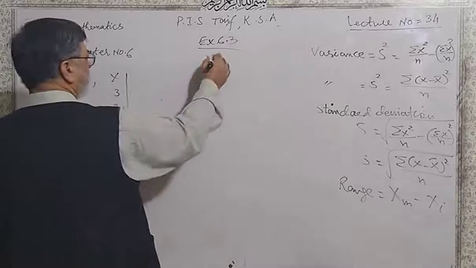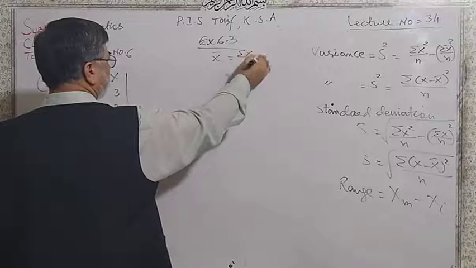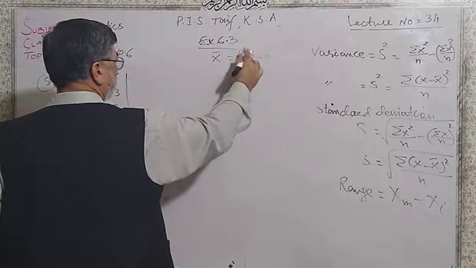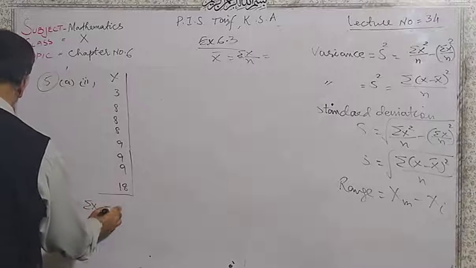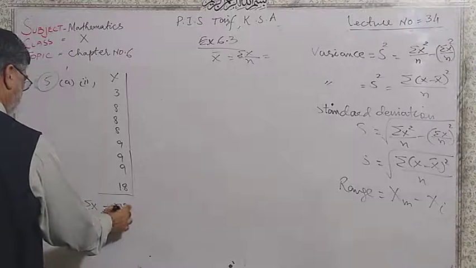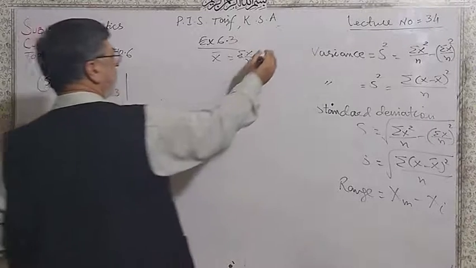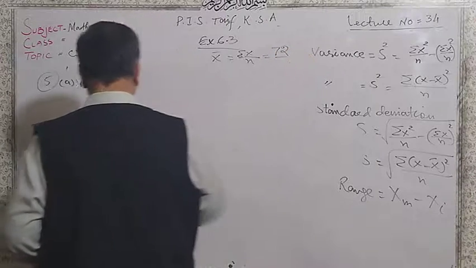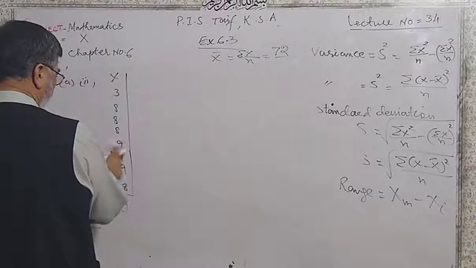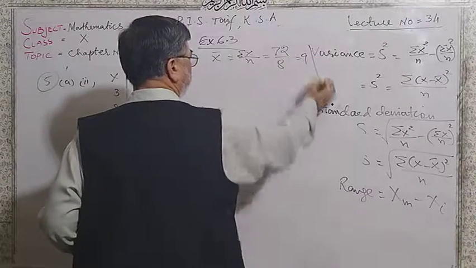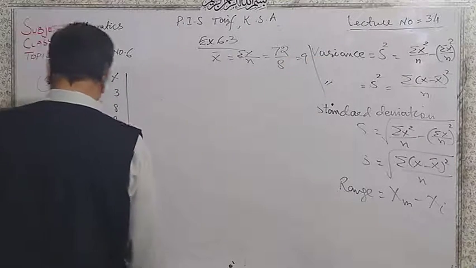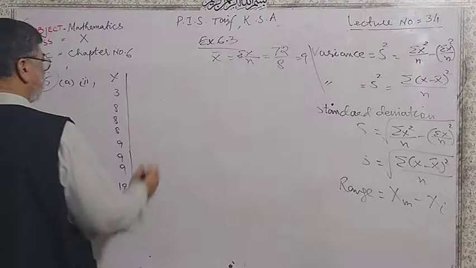Remember that first of all x bar is equal to sigma x over n. What about sigma x? Sigma x is 72 and n is 1, 2, 3, 4, 5, 6, 7, 8. That will be 9. So x bar is 9.